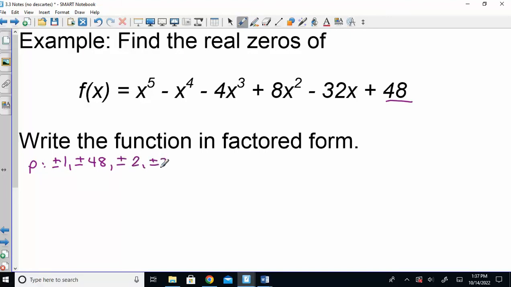All right, we have 1 and 48, 2 and 24, 3 and 16, 4 and 12, and 6 and 8. All right, I didn't put them in order this time, but we got them all.